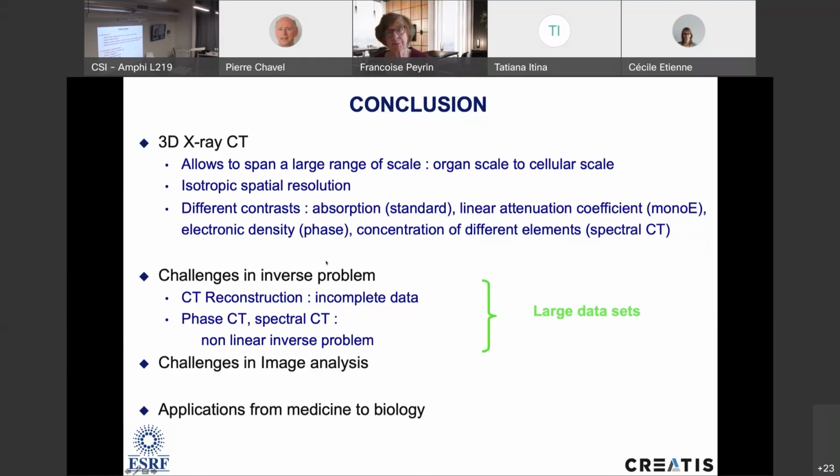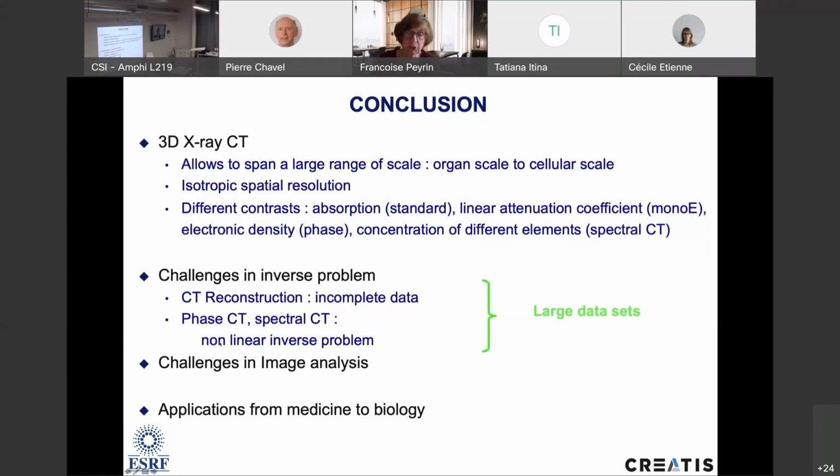For all these problems, we have challenges in inverse problems, which are the CT reconstruction, the phase CT or spectral CT reconstruction, which is the first step to get the image.